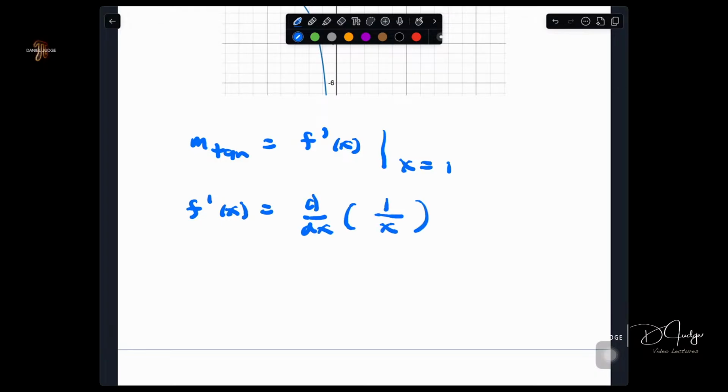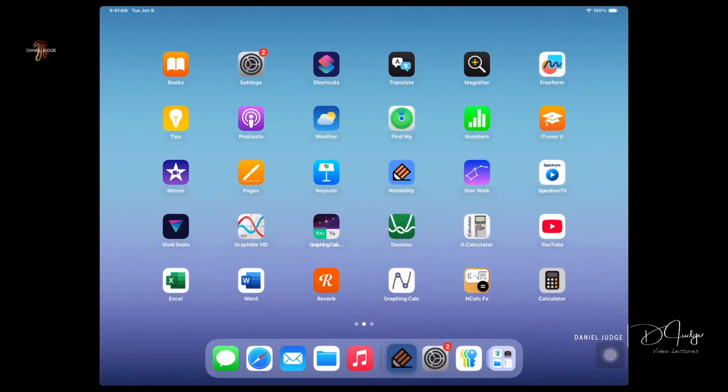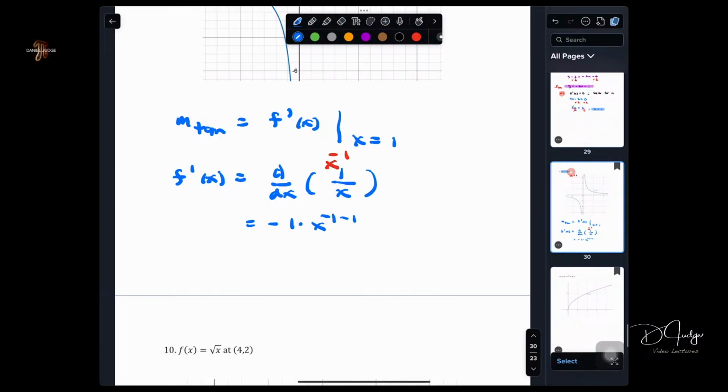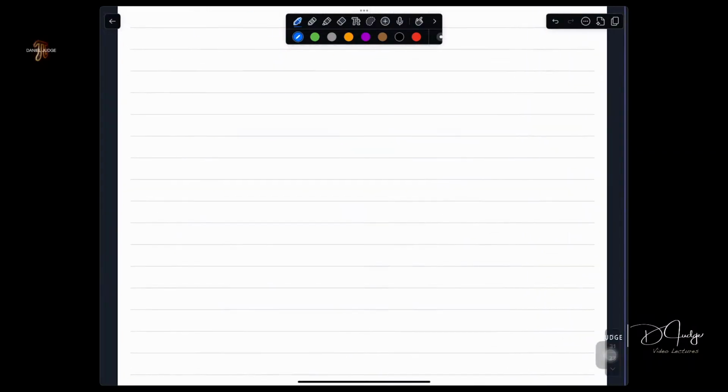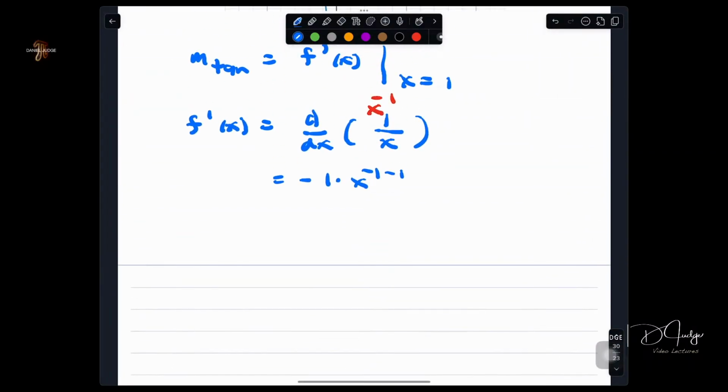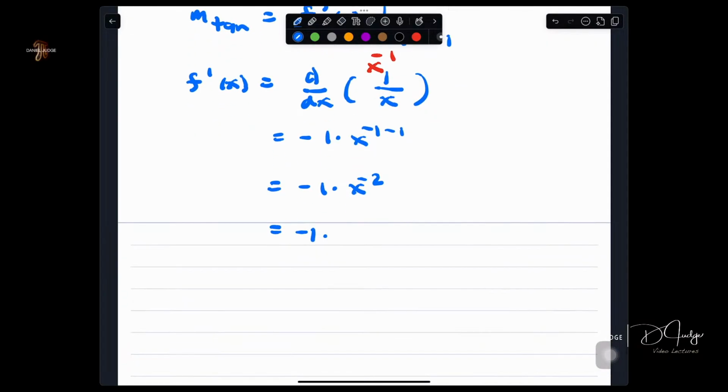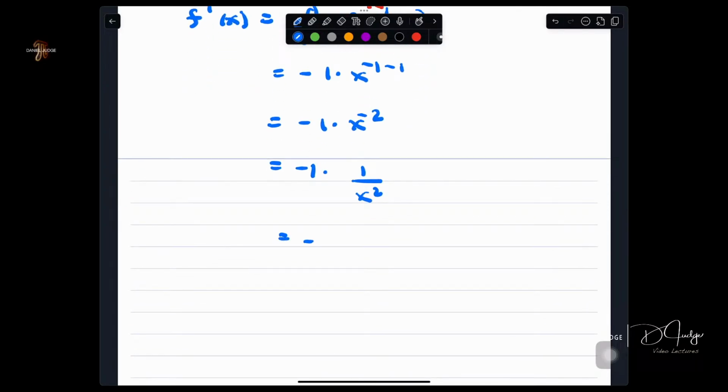of 1 over x. Remember, this is x to the -1. So by power rule, it's -1 times x to the -1 minus 1. It's -1 times x to the -2. -1 times 1 over x squared. Just -1 over x squared.